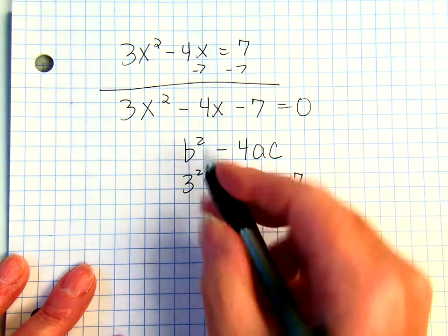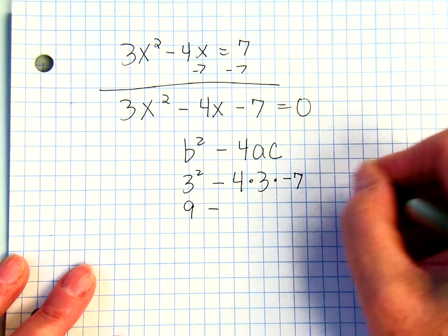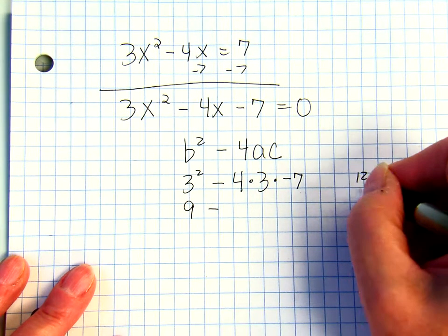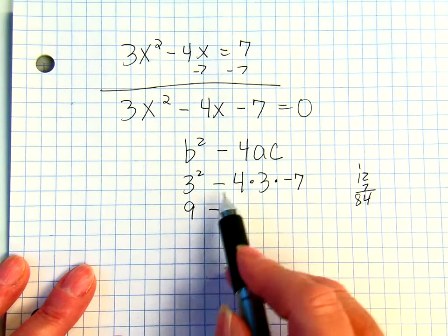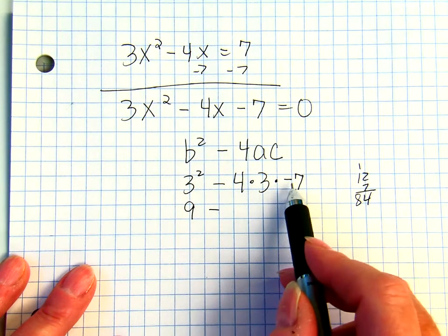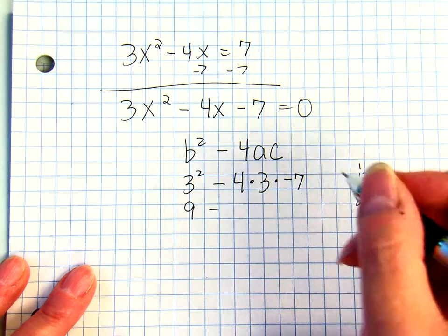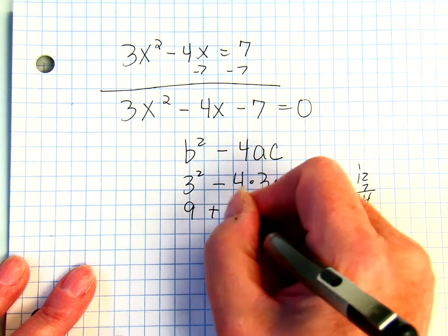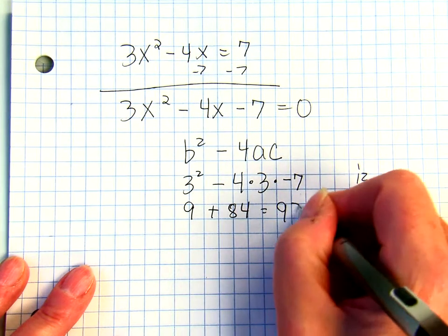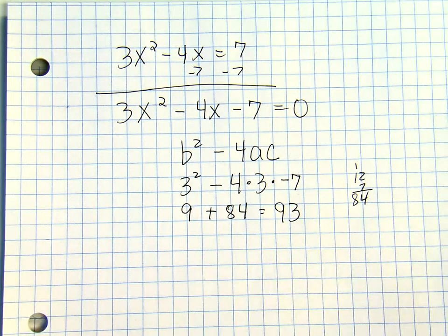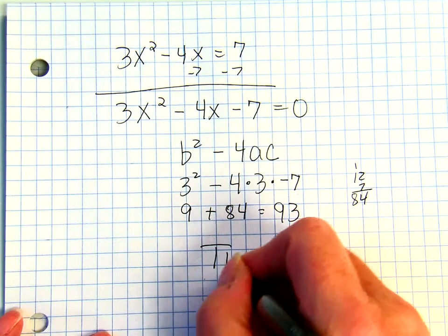Okay, so this is 9 minus 4 times 3 is 12, and negative times a negative means a positive 84, which is going to equal 93, which is much larger than 0, and so in this case we have 2 solutions.